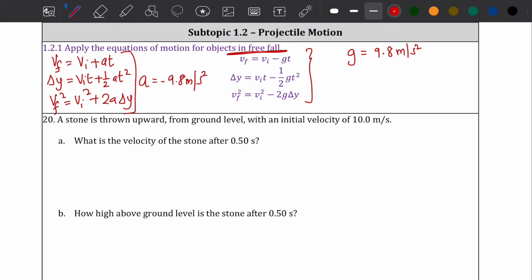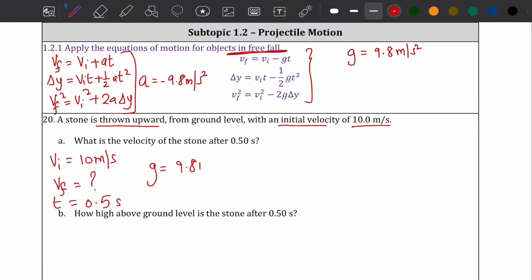Let's read the first one. A stone is thrown upward from ground level with an initial velocity of 10 meter per second. What is the velocity of the stone after 0.5 seconds? Vi is 10. They are asking us to get Vf. Time is 0.5 seconds and g value is 9.8 meter per second square.